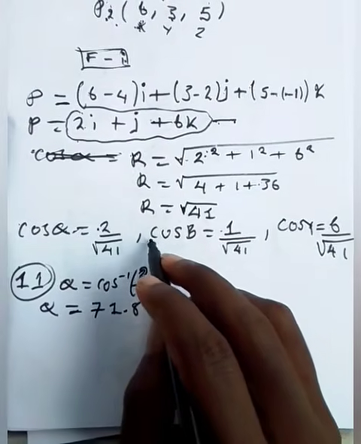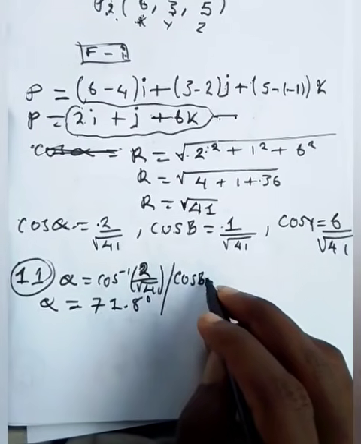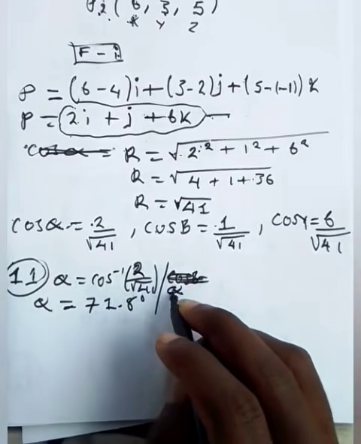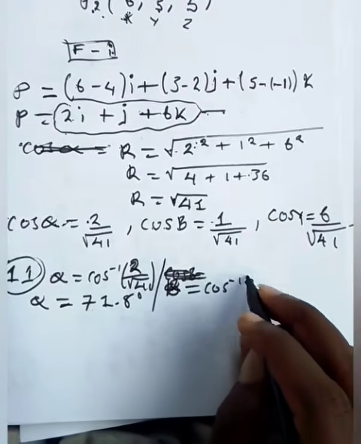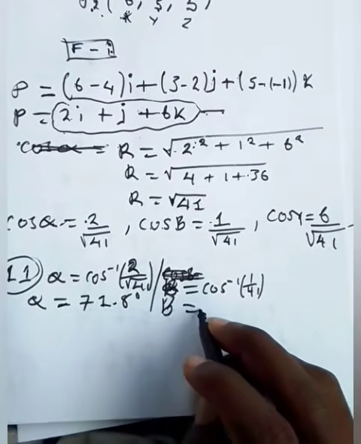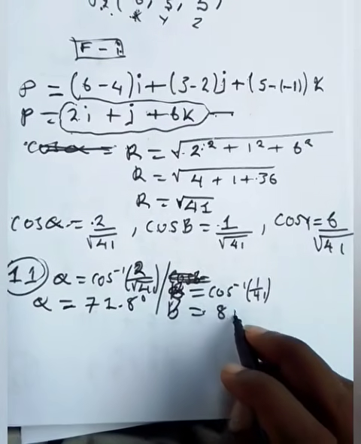We proceed, we come to this one. When you make beta the subject, we're going to have cos inverse of 1 over square root of 41. So beta is going to be equal to 81 degrees.